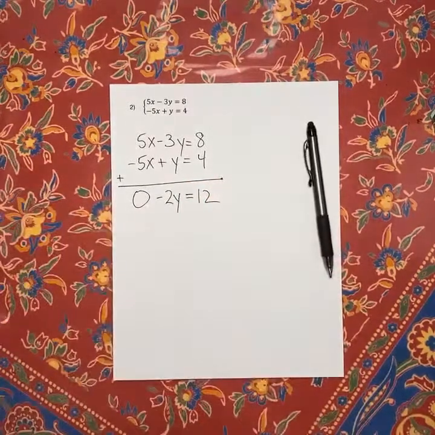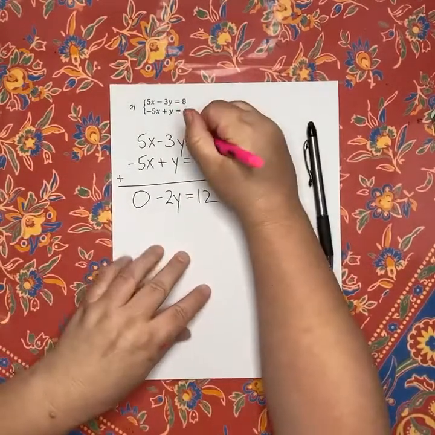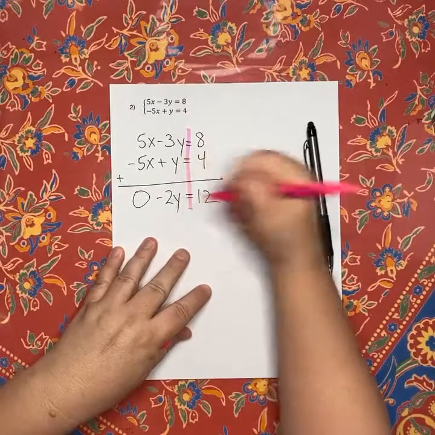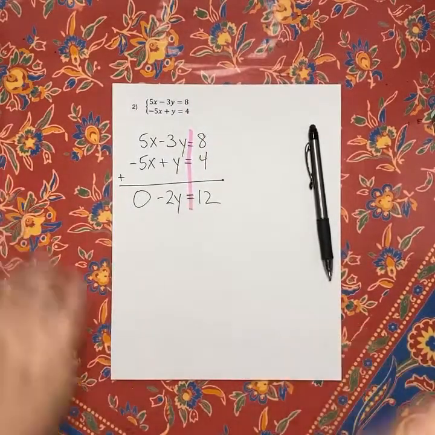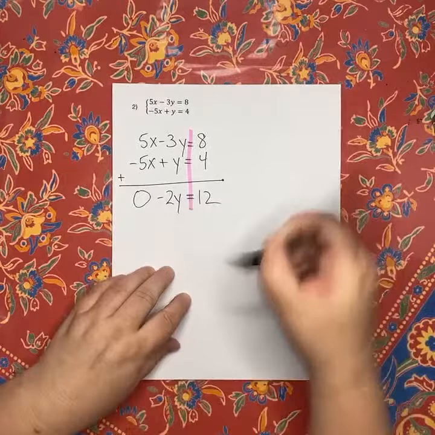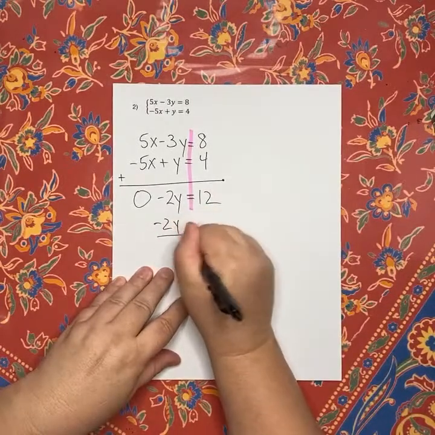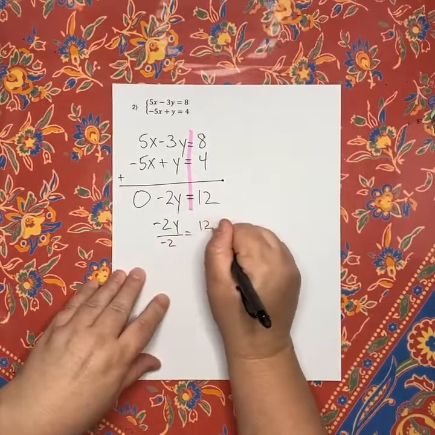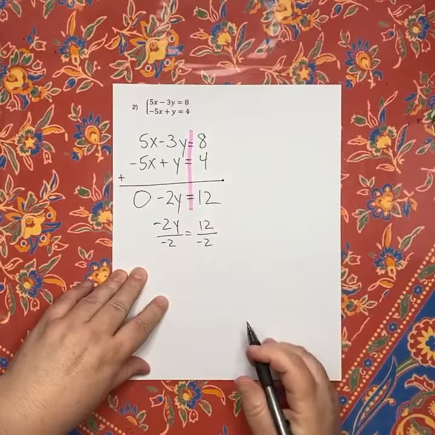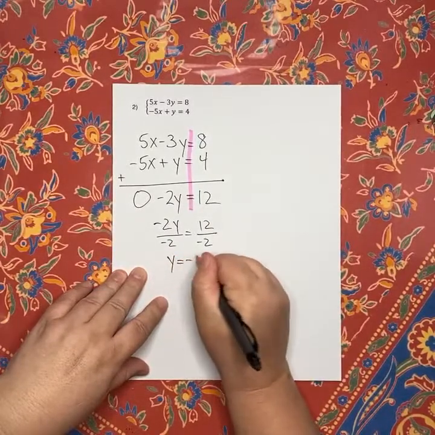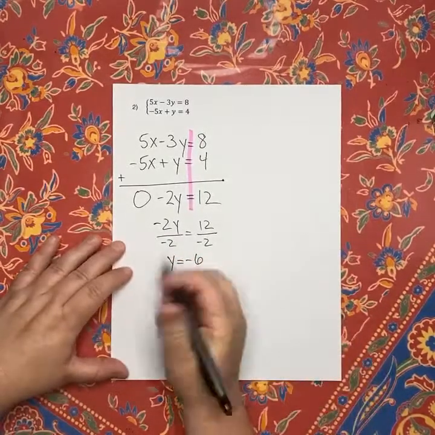And again, I'm going to take you to Smeary Town just a little bit. The equals are all lined up. Make sure your equals are all lined up. So negative 2y divided by negative 2 equals 12 divided by negative 2. y equals negative 6. We have to find x.